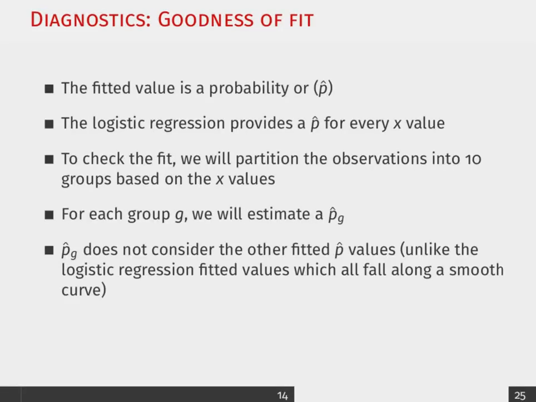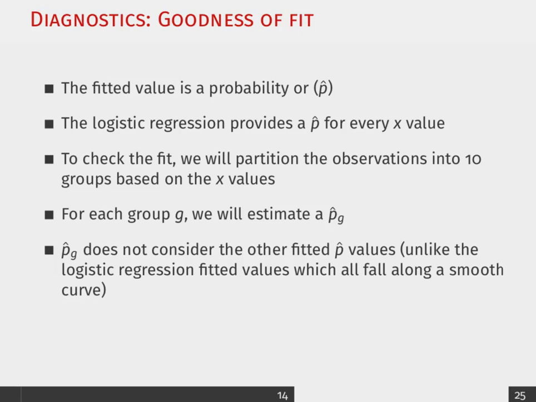And in each of those, we are not going to consider the other fitted values. So this is not exactly like constructing our fitted regression line along the logistic function, right, where it's a smooth curve. We're kind of subsetting elements here.